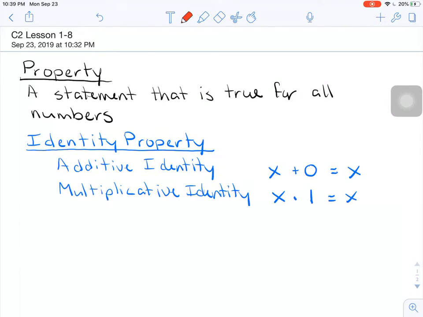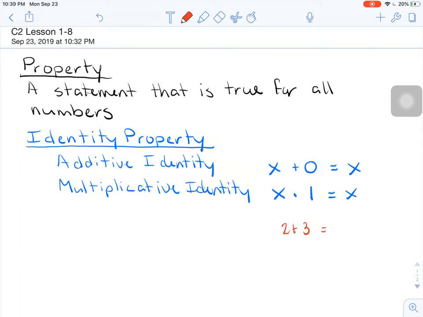You are probably aware, because you've been using it informally for a while, that if you add two numbers or you multiply two numbers, it doesn't matter what order you do that in. So if you do 2 plus 3, that will give you the same answer as doing 3 plus 2.